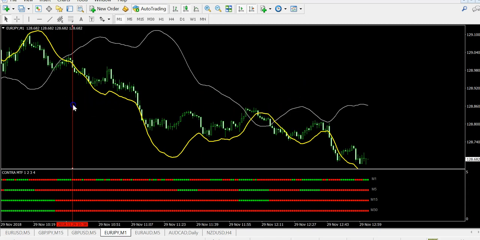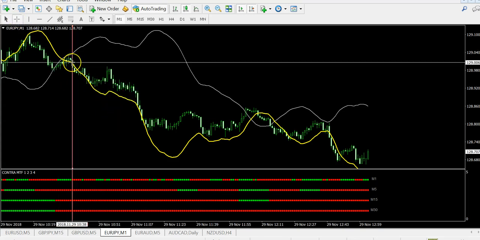So first of all, you are waiting for the yellow line to cross under the silver for a sell trade. Then you need all 4 in a row, in a vertical row, to trade. So here 1, 2, 3, 4, 5 minutes, or up to 15 minutes maximum, 5 to 50 minutes for binary.